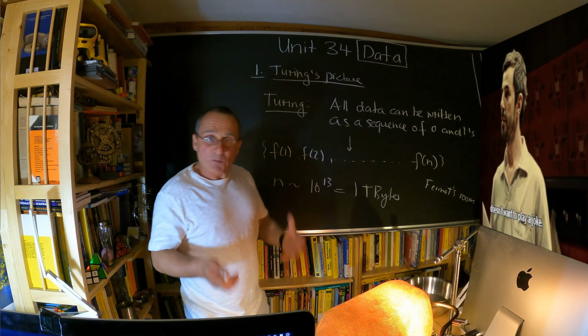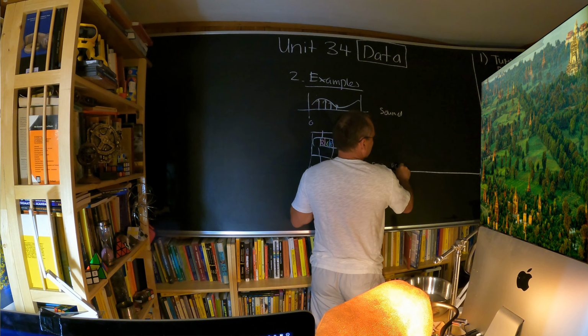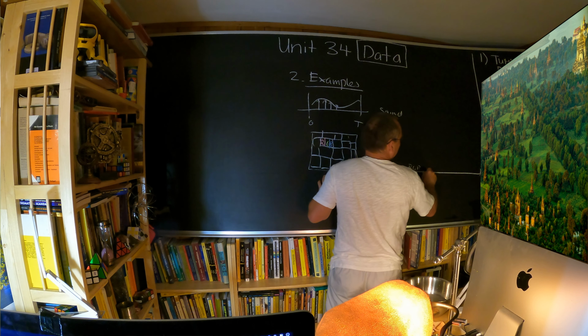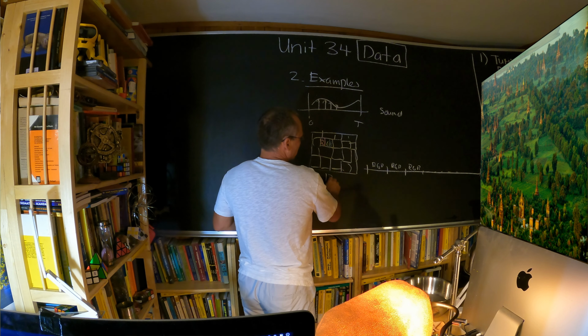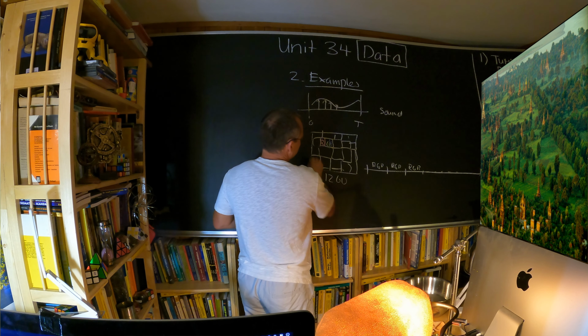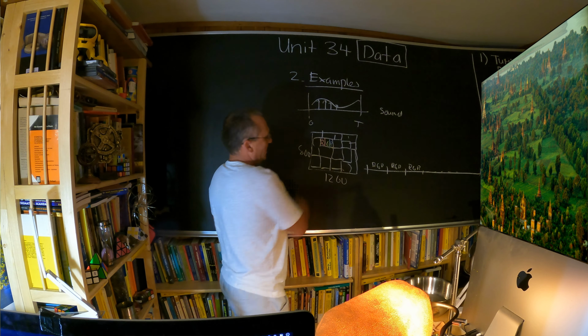So there's the red, green, blue, red, green, blue, red, green, blue, etc. And maybe this is 1,200 pixels, maybe this is 800 pixels, and so you have lots and lots of points. So in this case you would have 3 times 800 times 1,200 bytes if every color is stored by a byte. So that's one picture.